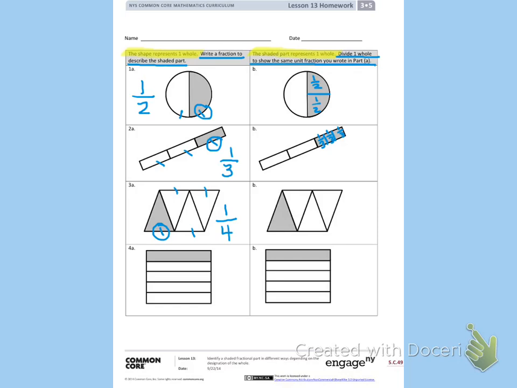Looking at item 3B, we need to take that shaded triangle and divide that shaded triangle into fourths. We can do that by going like this. Oops, I'll try that again, a little bit better.